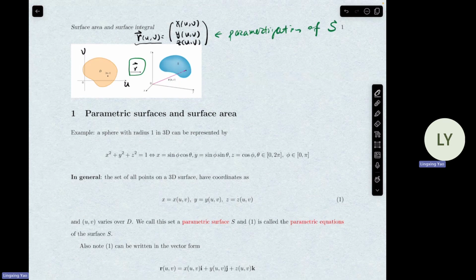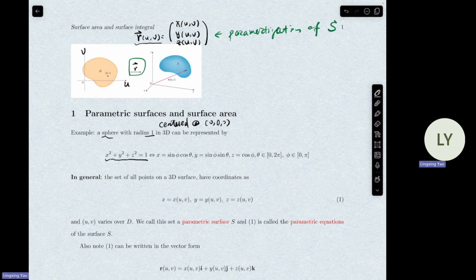This is a general description of our procedure, and we can think about a specific example. For example, we all know the sphere of radius 1 centered at the origin is described by an equation in the Cartesian coordinates.